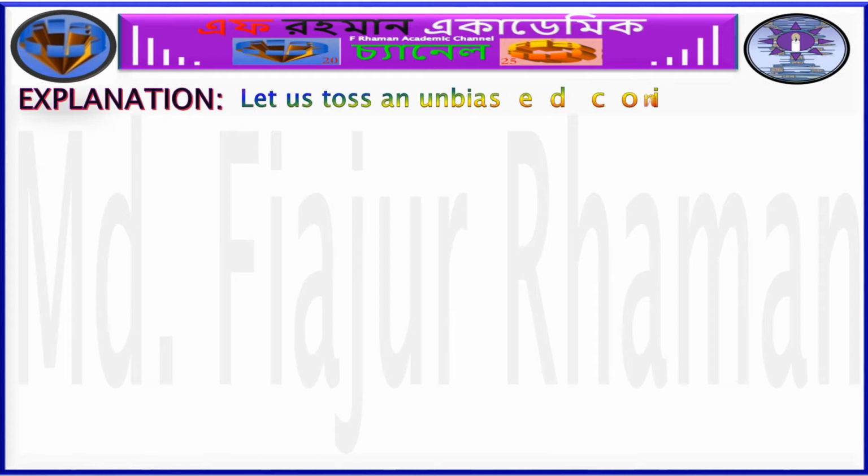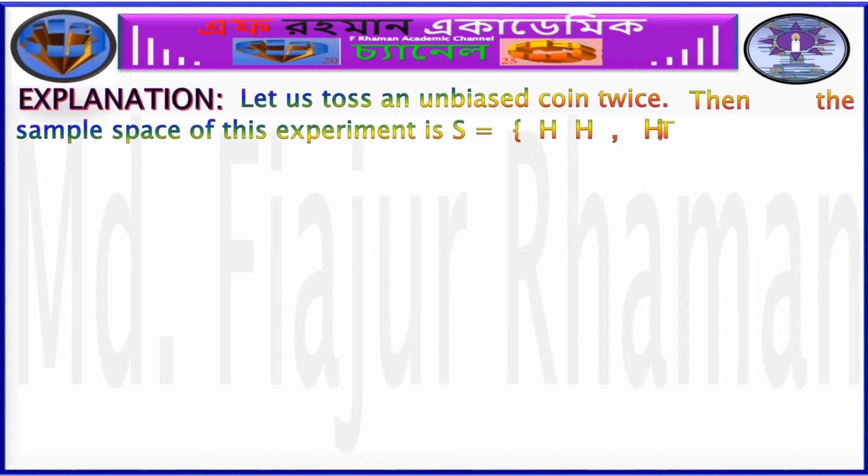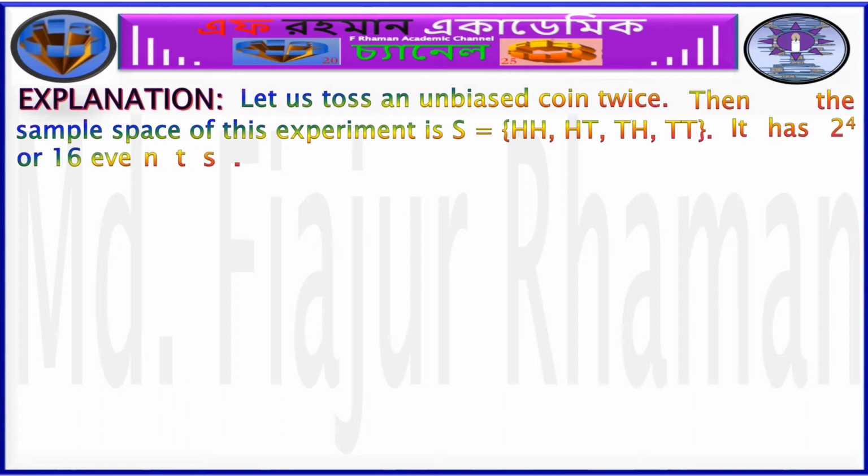Explanation. Let us toss an unbiased coin twice. Then the sample space of this experiment is S = {HH, HT, TH, TT}. It has 2 to the power 4 or 16 events because we know that every set having n elements has exactly 2 to the power n subsets.